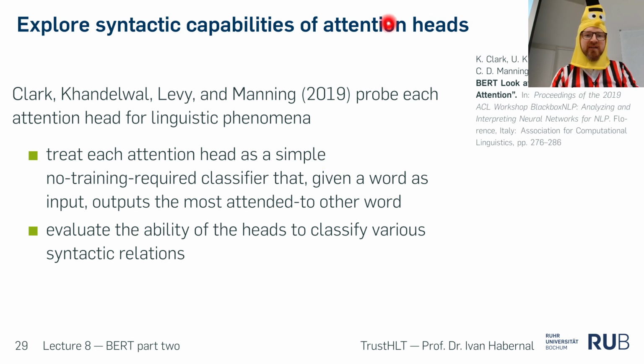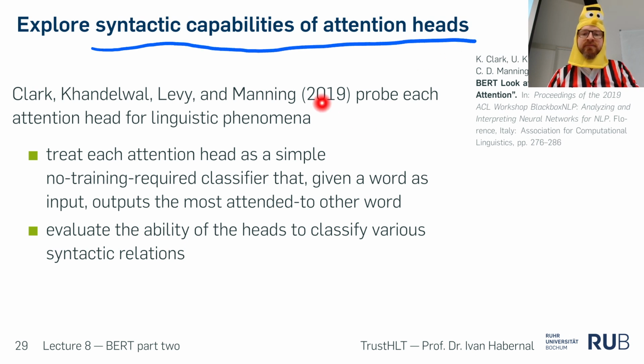They looked into many different things, but one of them was the syntactic capabilities of these attention heads. They took some data from Wikipedia, maybe 100 or 1,000 sentences, and put it through BERT, a forward pass.